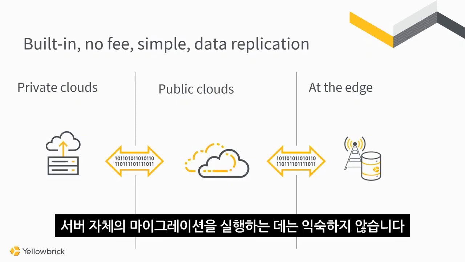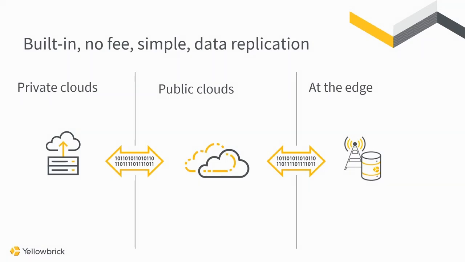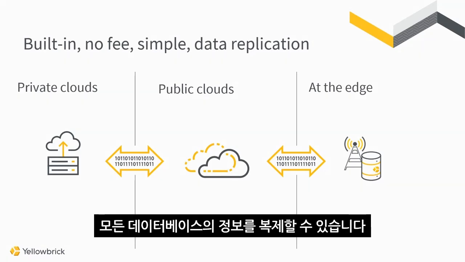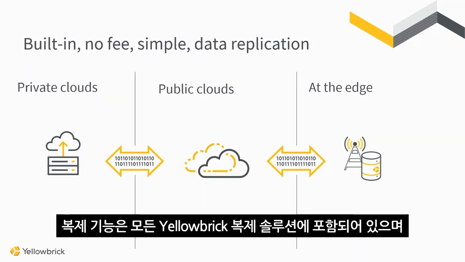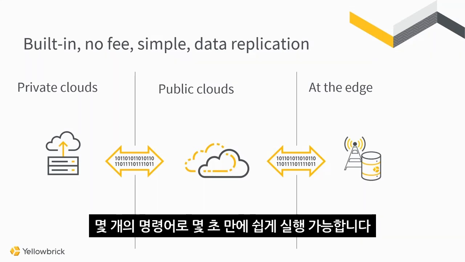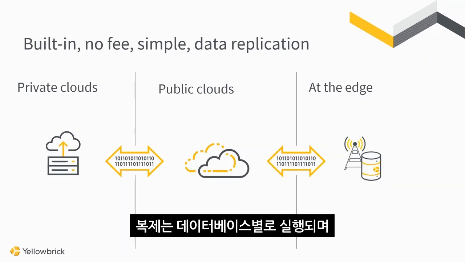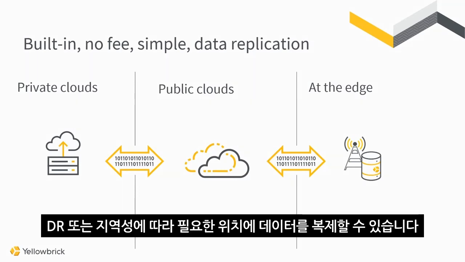When talking to customers, most are comfortable with application migrations to the cloud, but one of the larger challenges is the migration of the data itself. Yellowbrick can create a common data layer across all deployments using our built-in replication solution. Replication is included in all Yellowbrick deployments and can be easily configured within a few seconds using just a few commands. Replication is per database and allows you to replicate data where it's needed for DR or locality purposes.